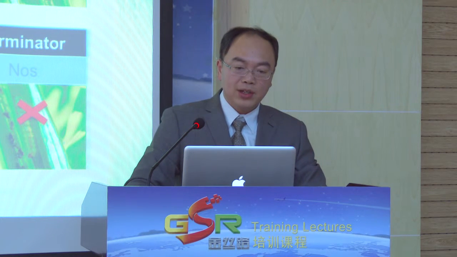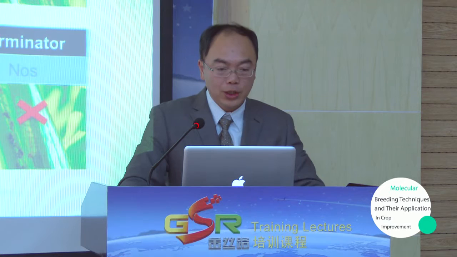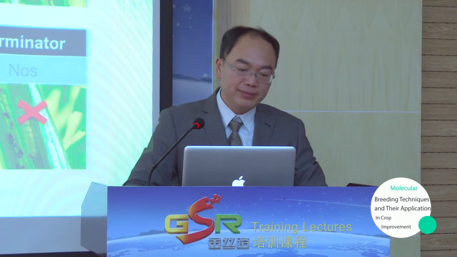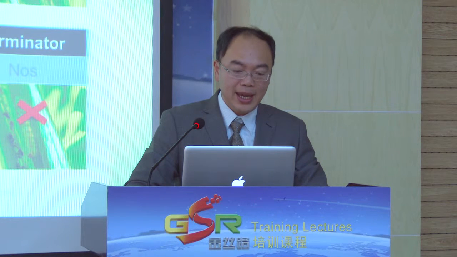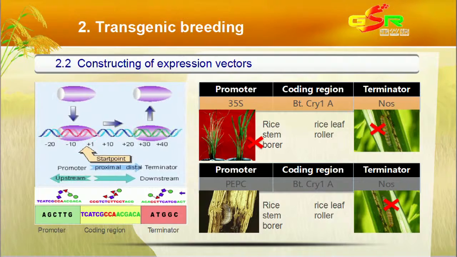The second step of transgenic breeding is constructing expression vectors. We know for every gene, 3 elements must be included. They are the promoter region, terminator, and coding region. The promoter signals how much protein to produce, and where and when to produce this protein.